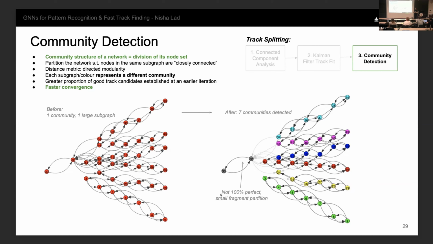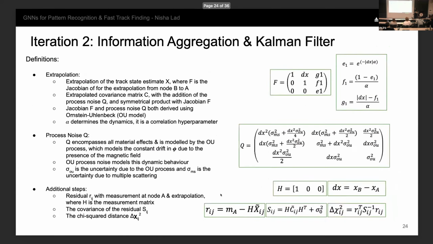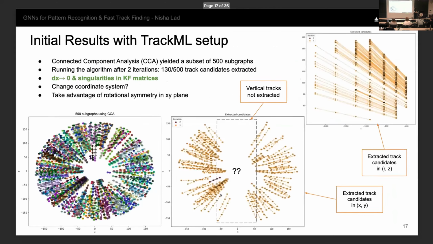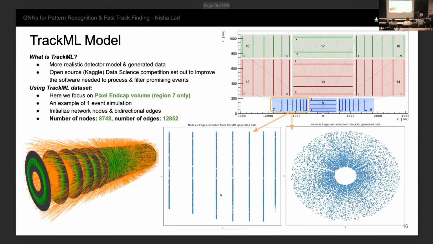Just to be sure, I understood. When you take the TrackML endcap, the graph that you start from is a fully connected graph. So we start with this one, which is the endcap. And then we form all of the hit pair connections using a classifier that we built. And that's one massive graph.